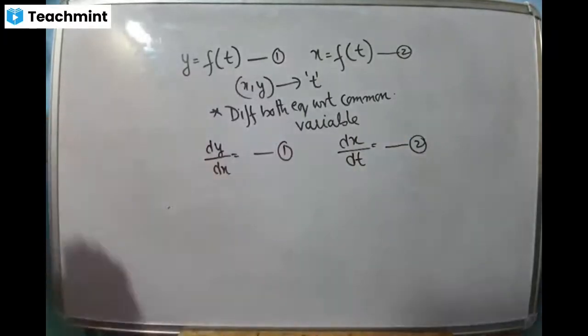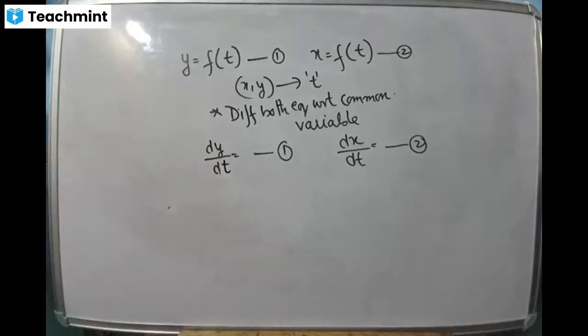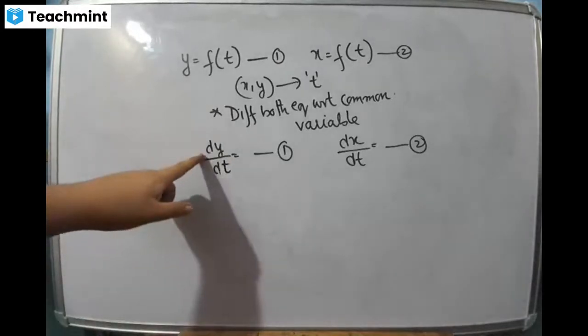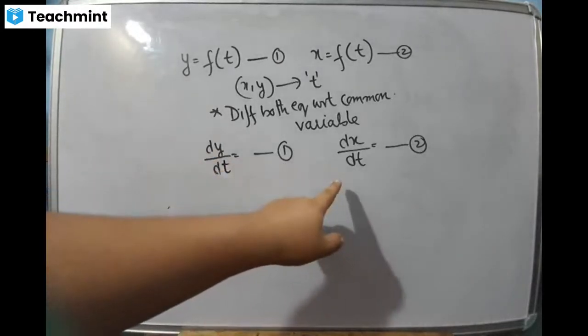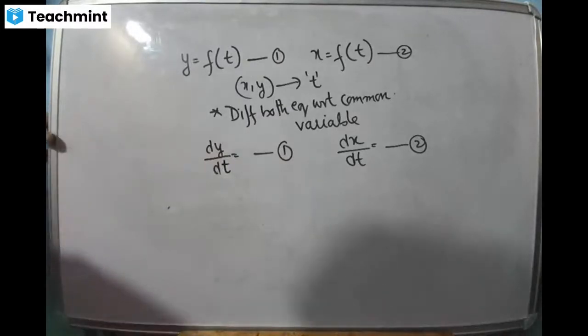Every time the question will be to find dy by dx, but the problem is that dy by dt is in equation 1 and dx by dt is in equation 2. So we have to combine these two equations to get the required result.